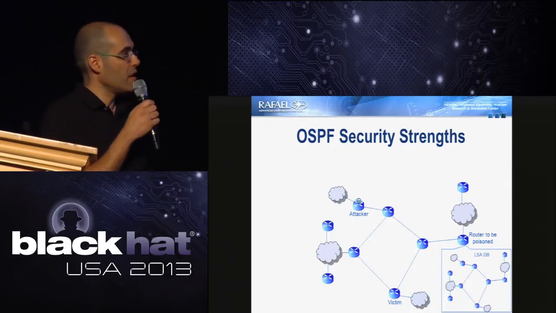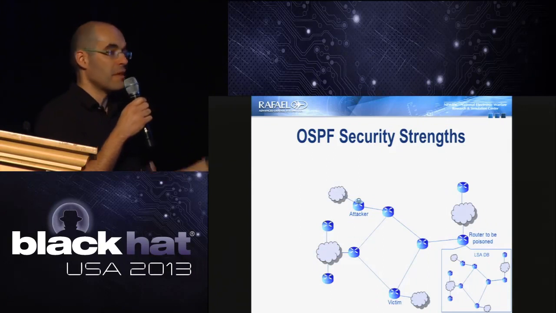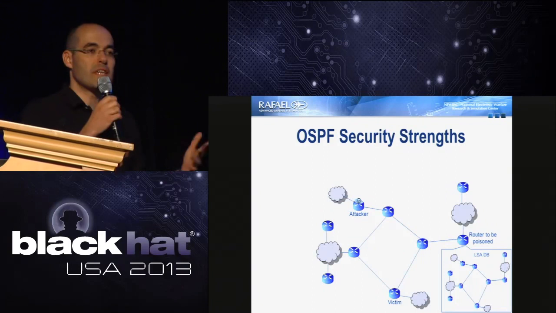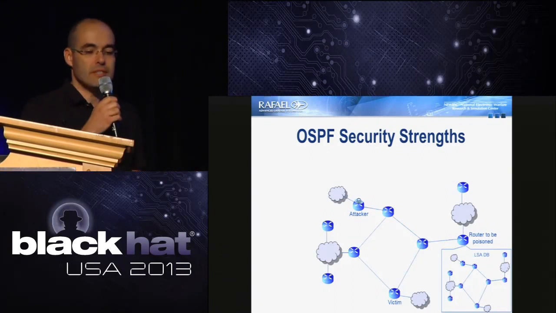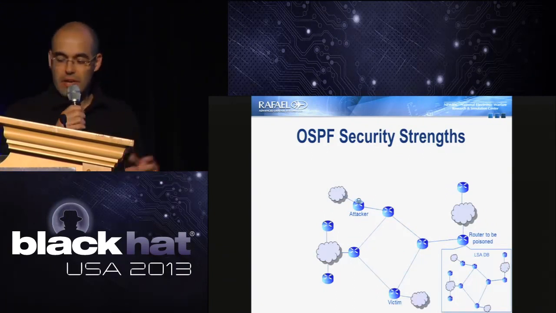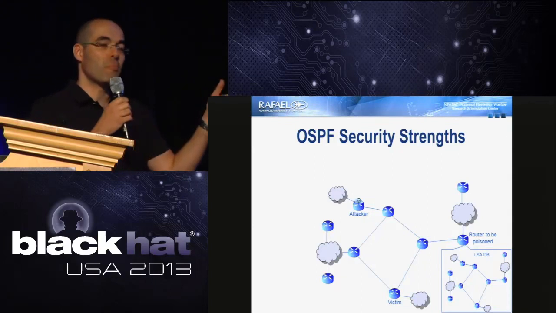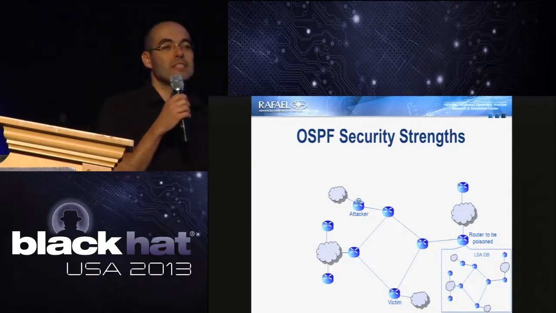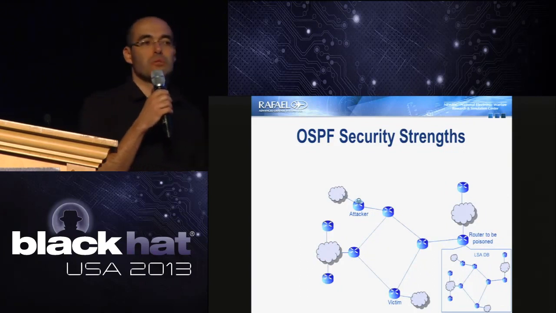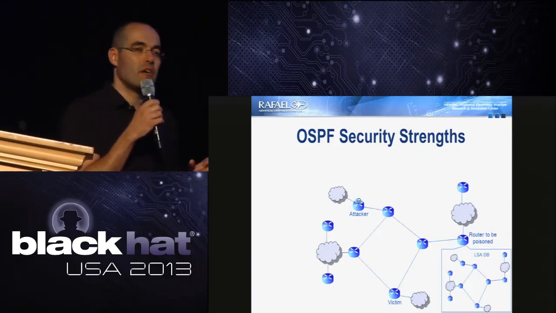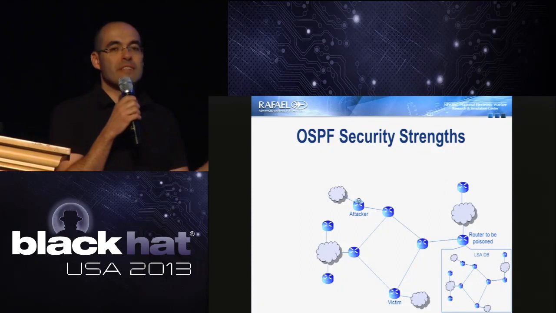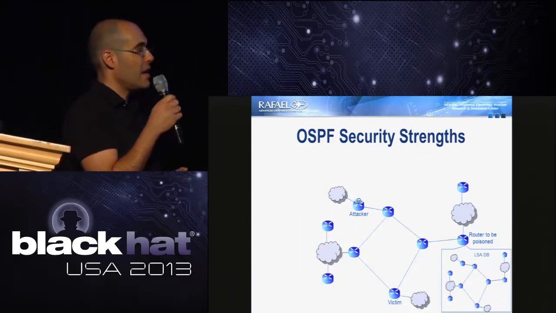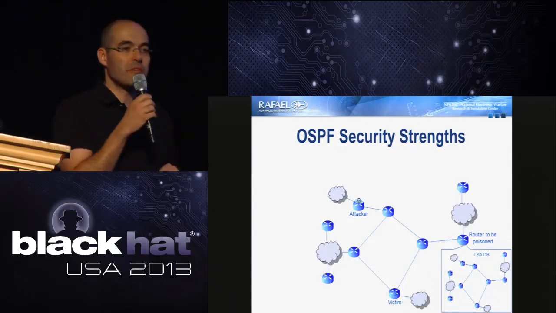Specifically, we will be focusing on the router on the right, whose LSA database the attacker wishes to poison. The router has a complete and correct view of the autonomous system topology. Let's say that the attacker wishes to poison the LSA database of this router by disconnecting the victim router down there.